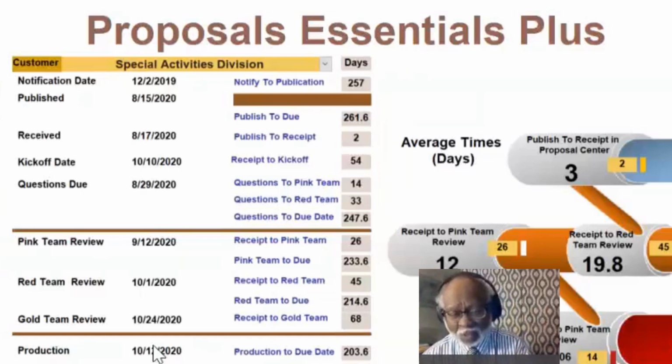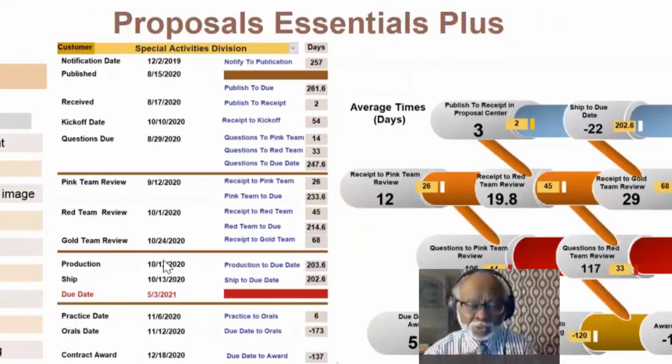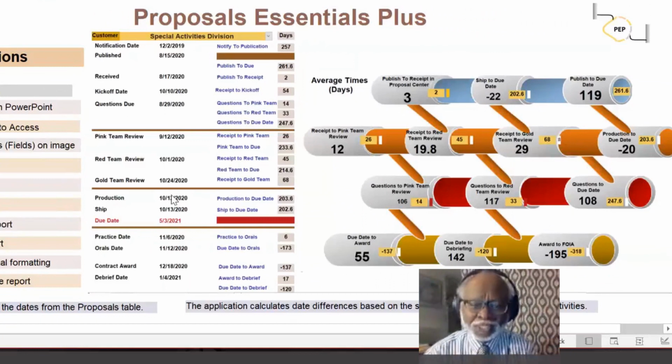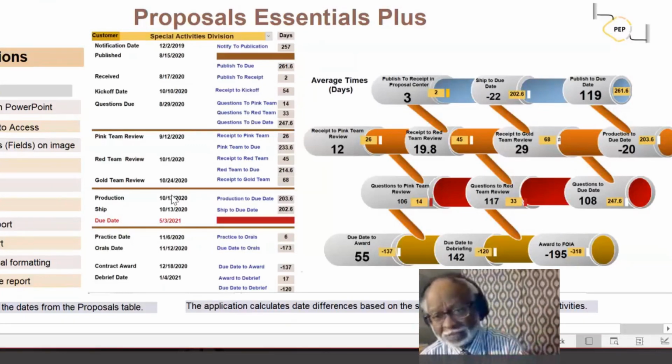All of that is encoded in the PEP, and then the application creates the duration between each one of those attributes or values. And then that gets copied onto the pipe, and then the actual numbers for each proposal get copied onto the pipes.